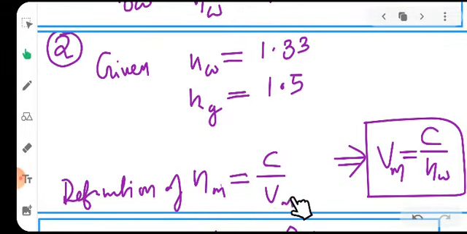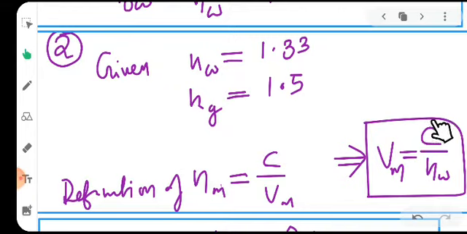From this ratio you can see the information about the speed of light in the material is there, which we will isolate, and this equation will give you the value of the velocity of light in the medium.